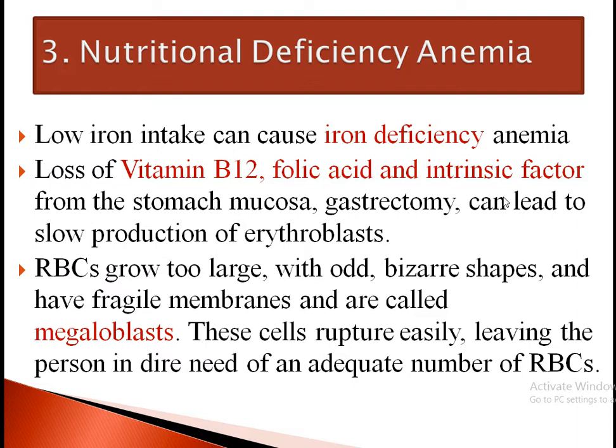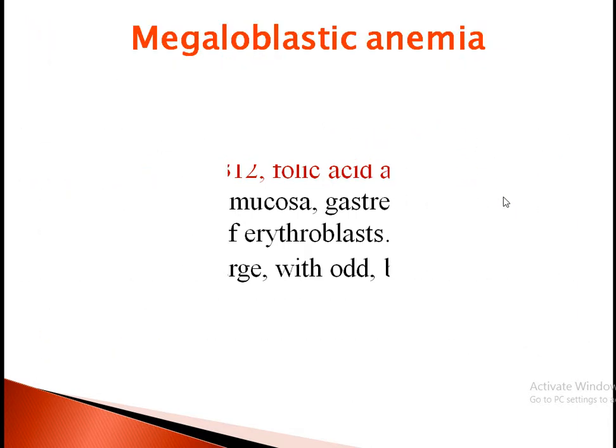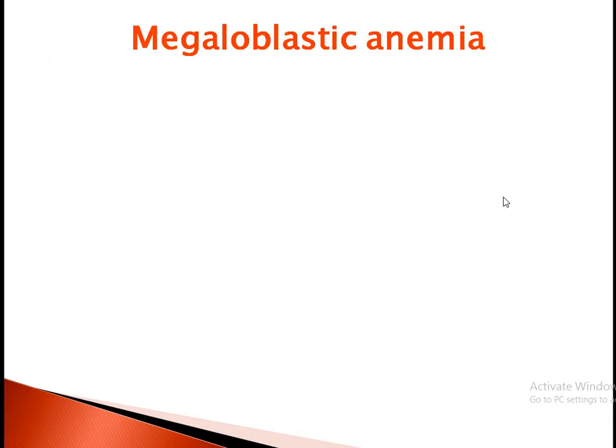These cells rupture easily, leaving the person in dire need of an adequate number of RBC, which can lead to the anemia. The first thing is the megaloblastic anemia.